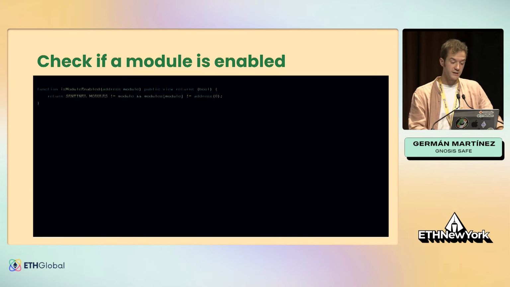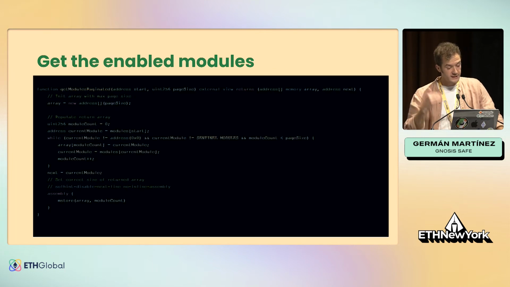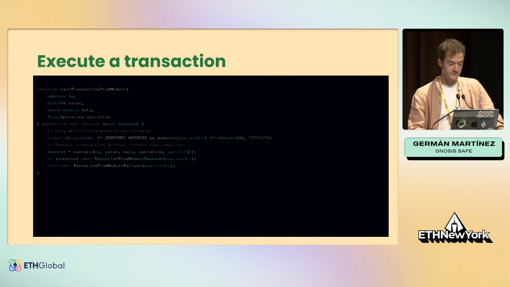We can also see if a module is enabled or not by checking this modules mapping. We can get the enabled modules list, which is paginated, and we can iterate on it. And finally, the most interesting thing, we can execute a transaction.